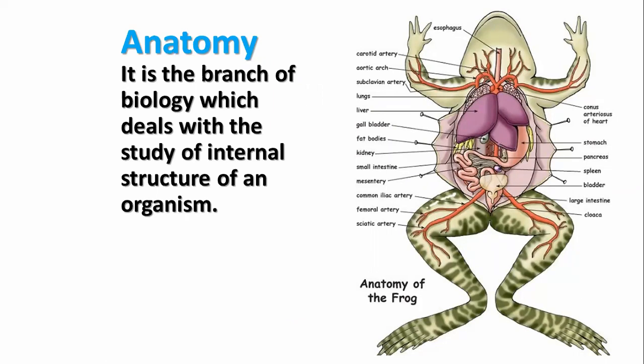The picture displays the internal structure and internal viscera: we can see the lungs, the heart, the intestines, stomach, kidneys, bladder, and all the organs which are organized within a living organism. So anatomy is the branch of biology dealing with the study of internal structure of any living organism.